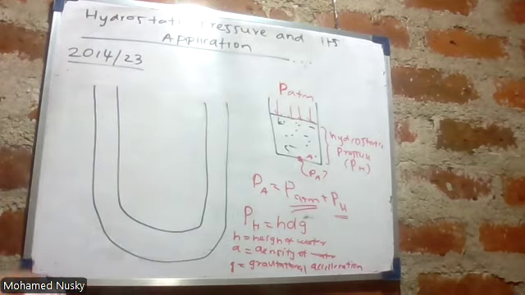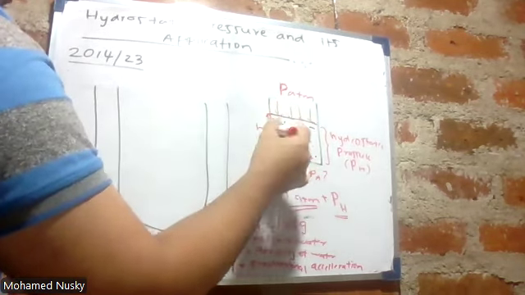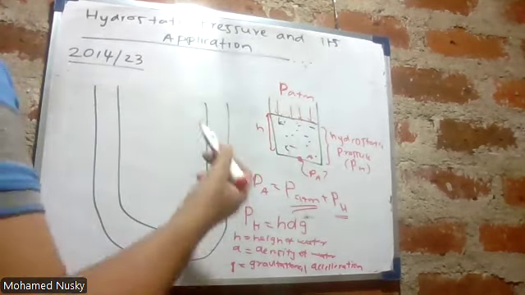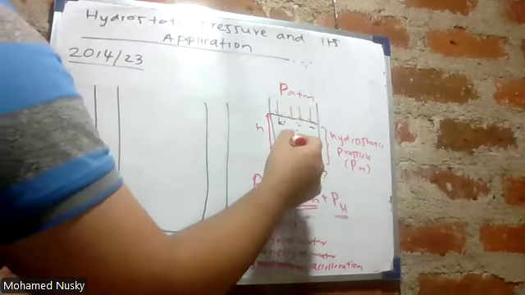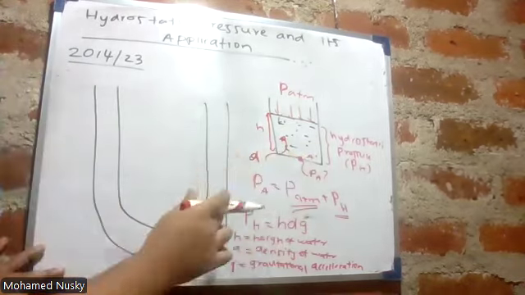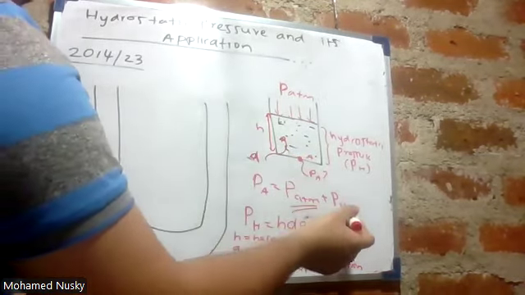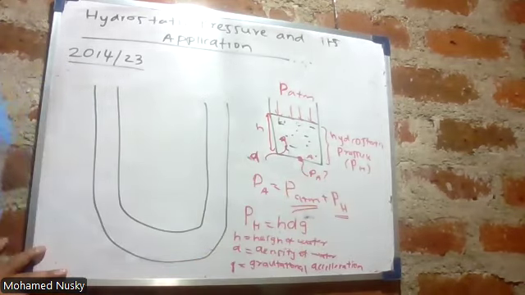Let me take the water is filled up to a height h, and the density of water is d. Therefore, hydrostatic pressure is equal to h d g.